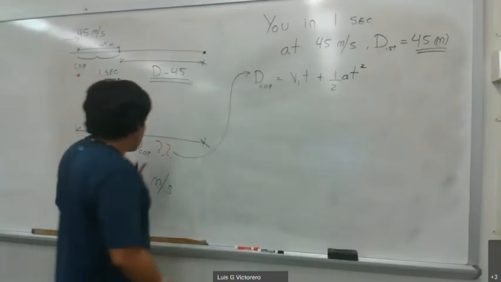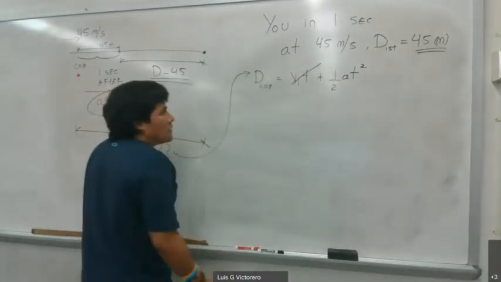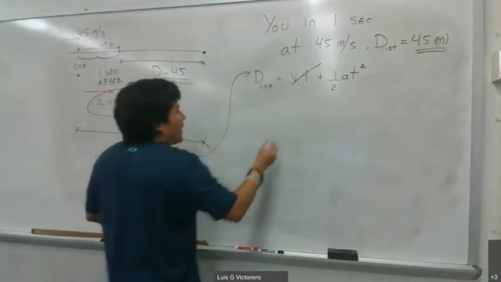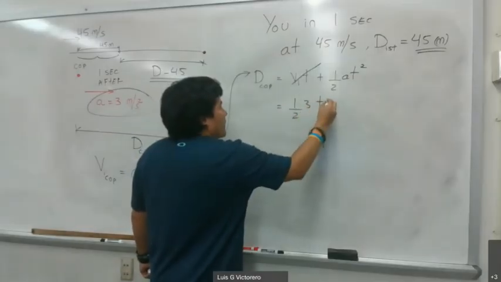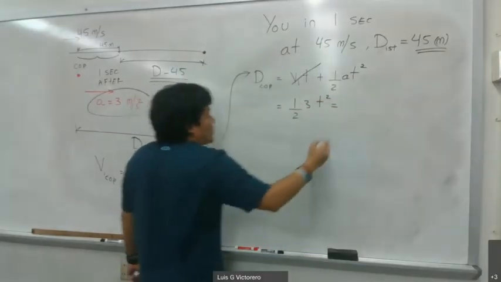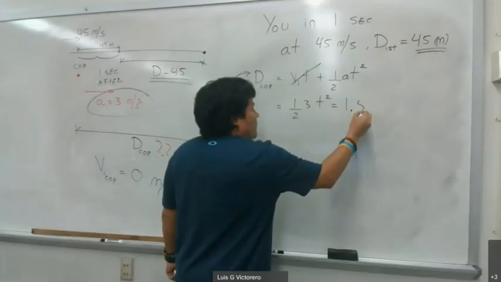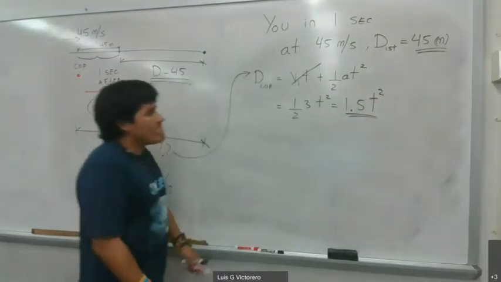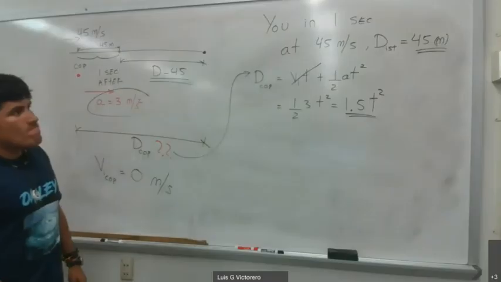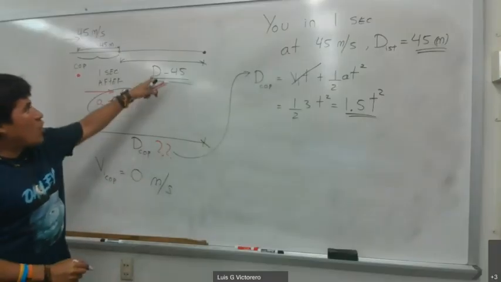But wait a second. Initial speed is 0. I have A, one half, all right. I have D of the cop.